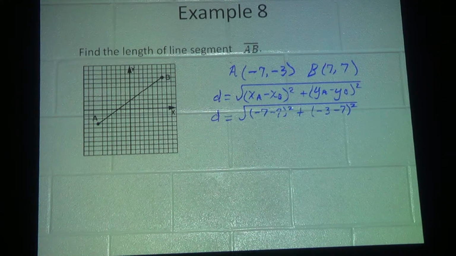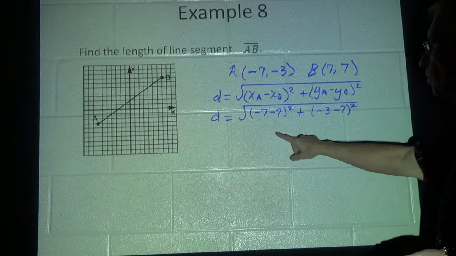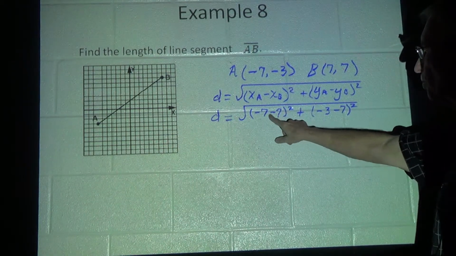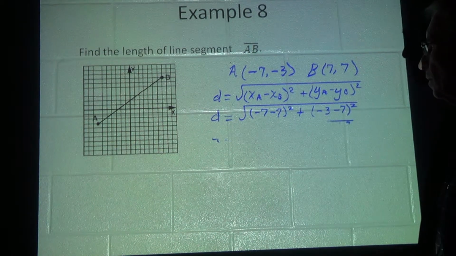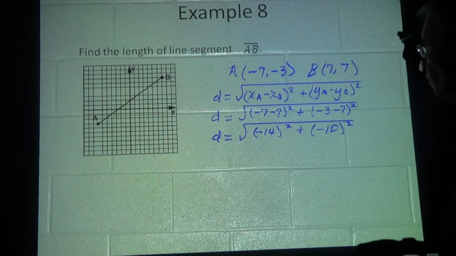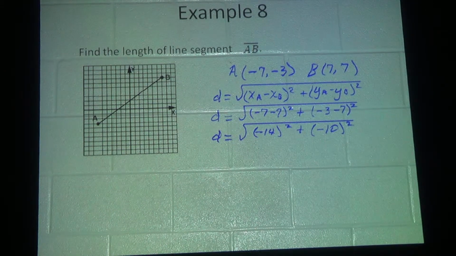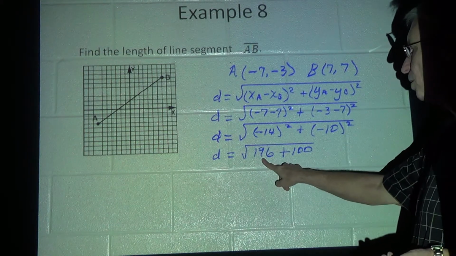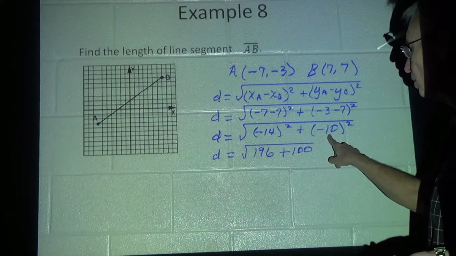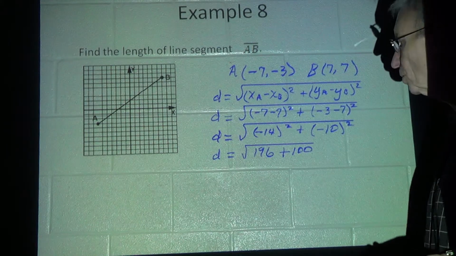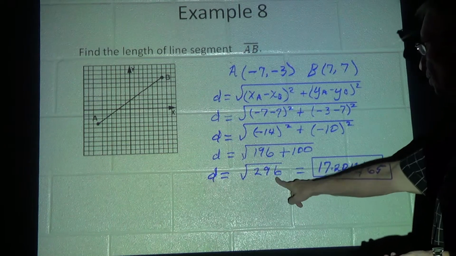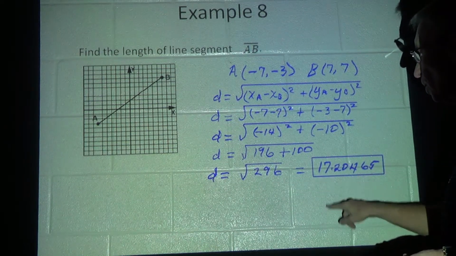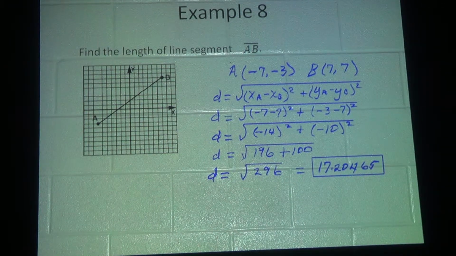Okay, so this gives us the square root of -7 minus 7 in parentheses squared plus -3 minus 7 in parentheses squared. This gives us -14 squared plus -10 squared. So we take the square root of 196, which is 14 squared, plus 10 squared is 100. So this gives us a net effect of the square root of 296, which is approximately 17.20465.